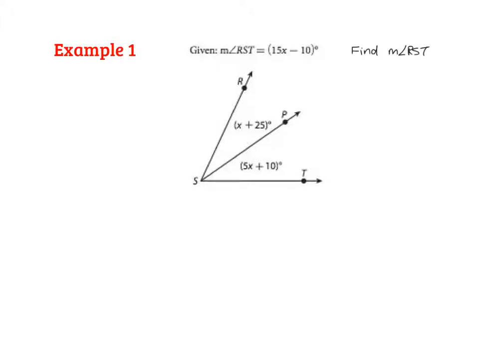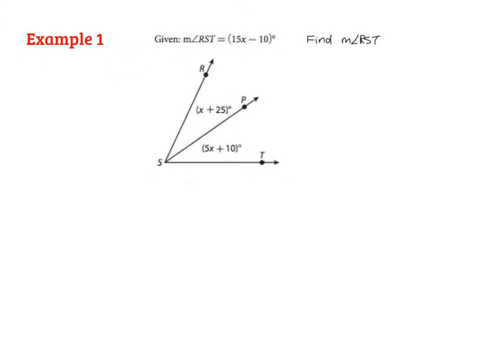All right, we're going to do a couple proofs. We're going to solve for this, but we're going to provide reasons as we go along. So here you can see that we have two adjacent angles and we have some given information. The first thing I'm going to do is create this equation, and this is a really important step that I want everyone to take.